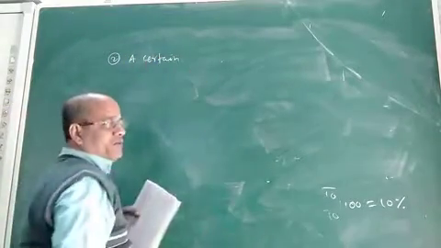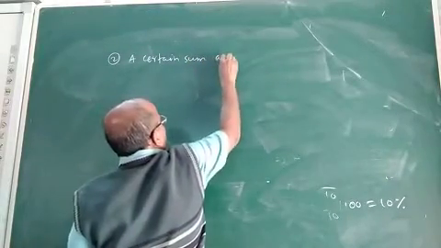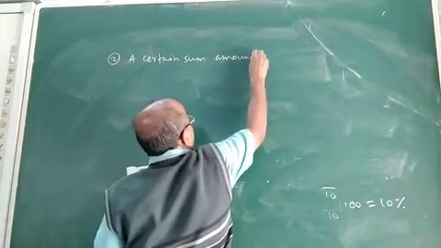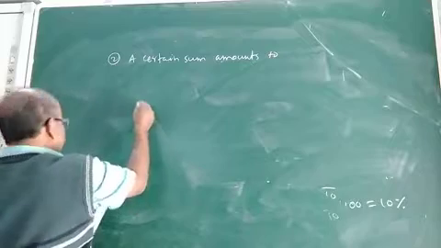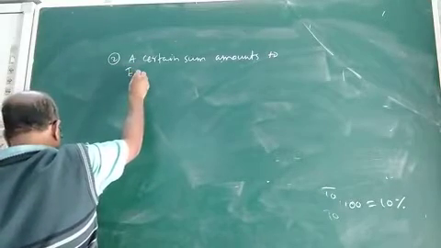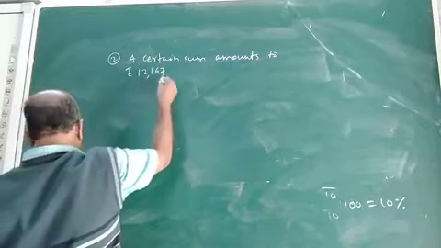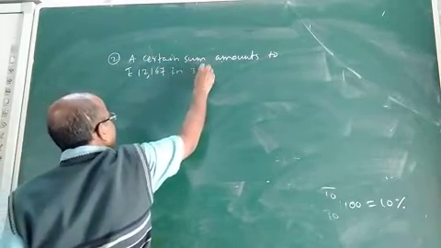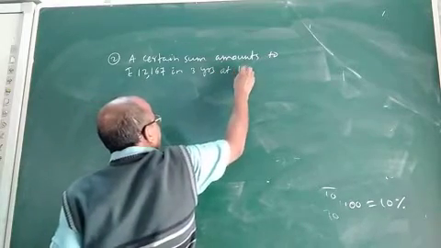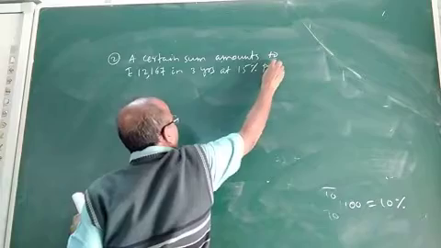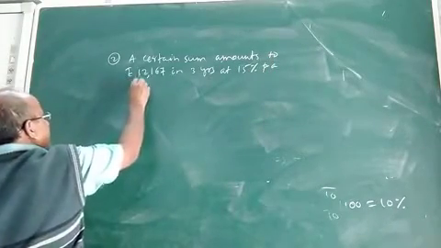Certain sum means we do not know what is the sum or the principal.